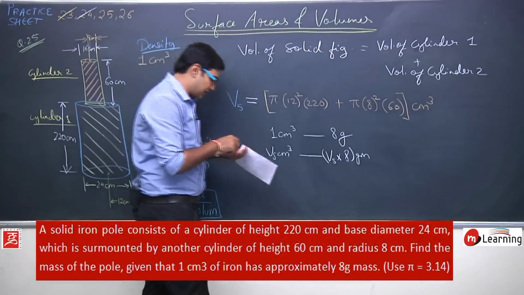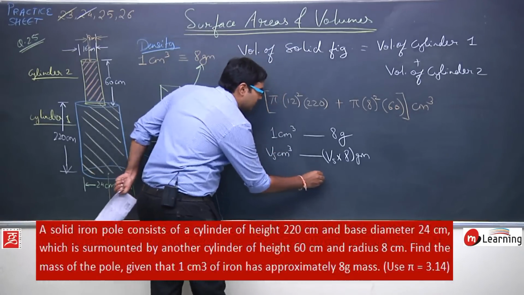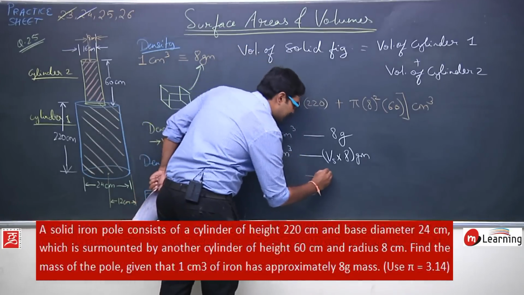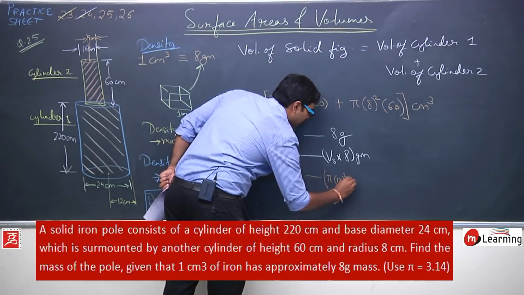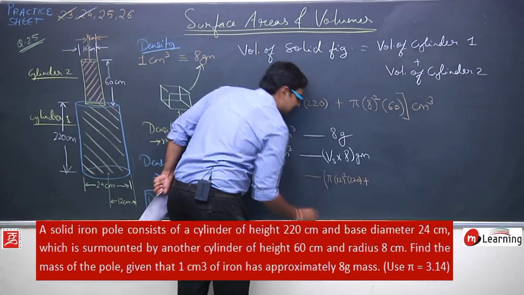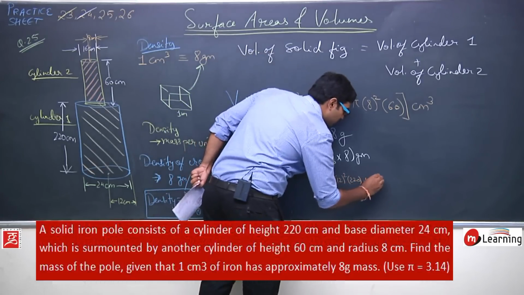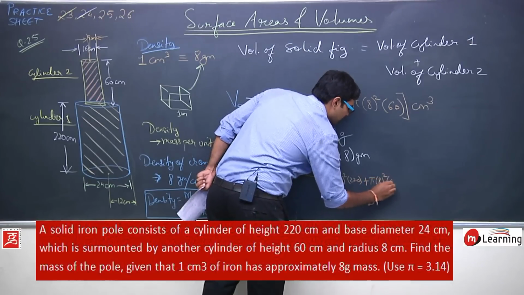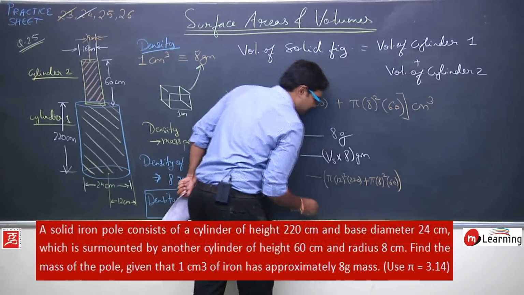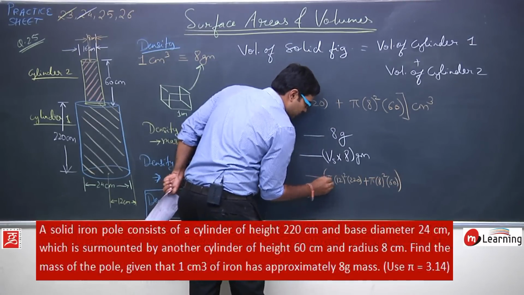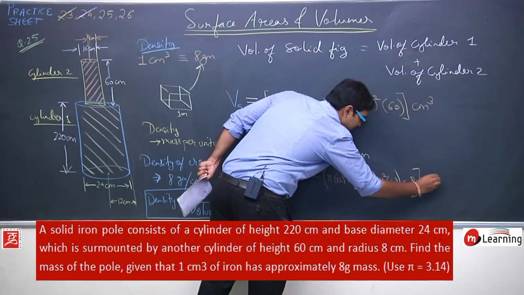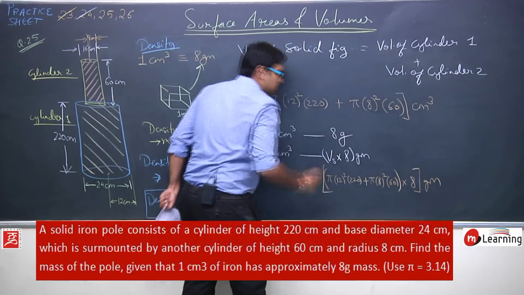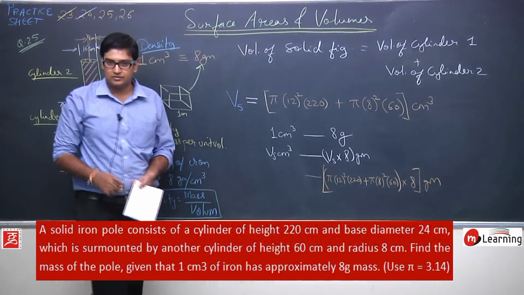Here I can write this mass will be Vs. In place of Vs I can write pi into 12 square into 220, plus pi into 8 square into 60. This is the volume, into 8. This much grams is the mass of this iron figure.